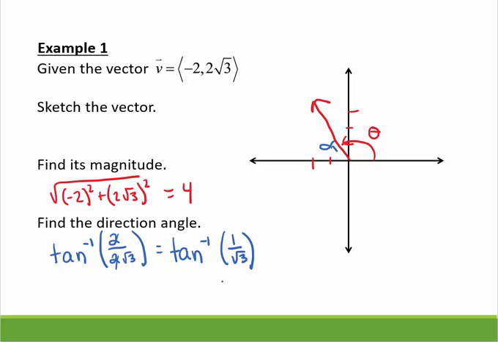We have that. Now, what angle has a tangent of essentially root 3 over 3? Well, that's going to be 60 degrees. So that's what my alpha is.